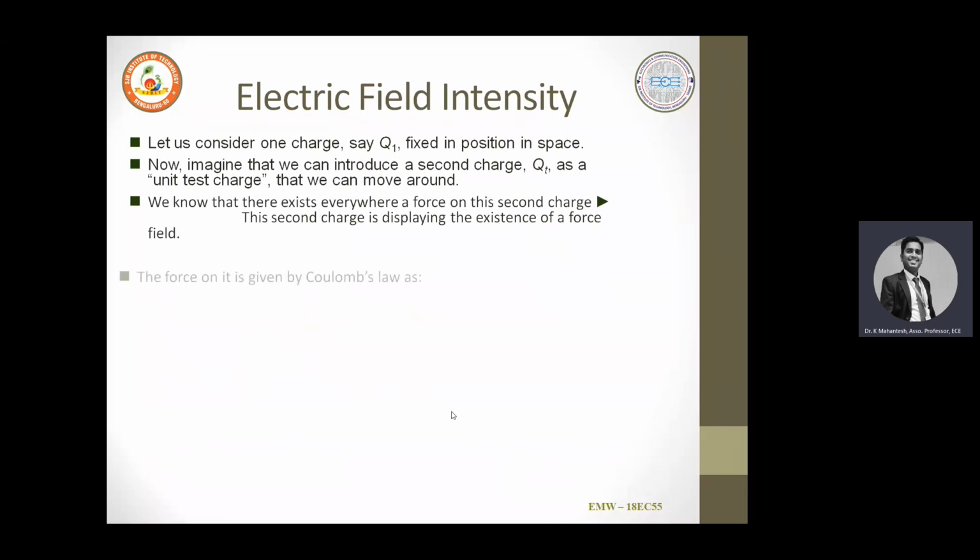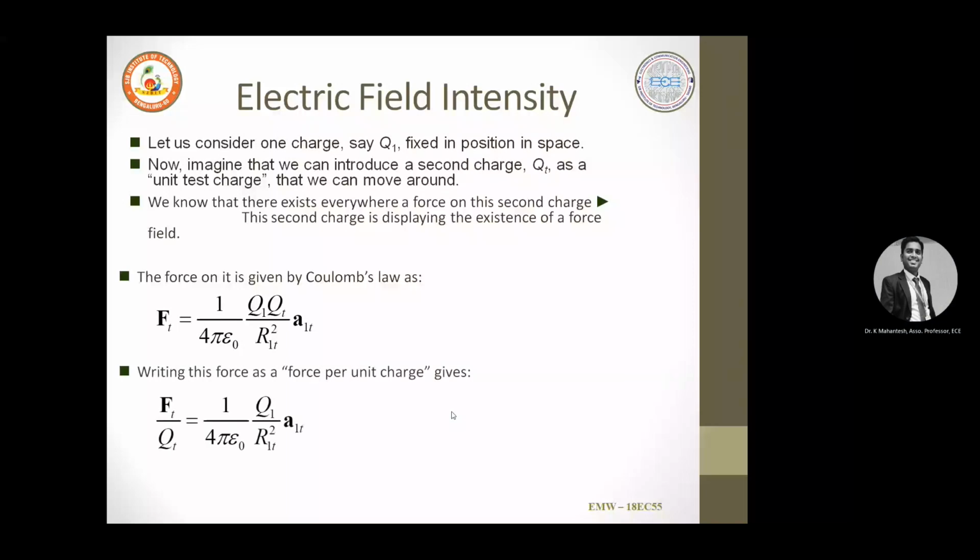The force on it is given by Coulomb's law, that is Ft on a test charge. Ft is the force on a test charge which is moving around Q1. So Ft is equal to 1 over 4 pi epsilon naught Q1 Qt by R1t square a1t.